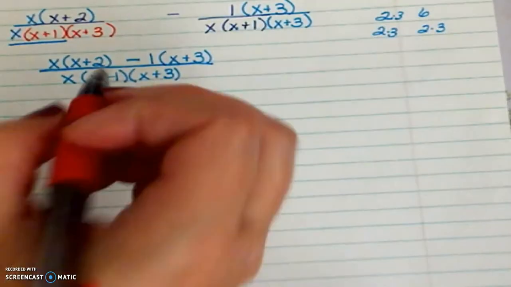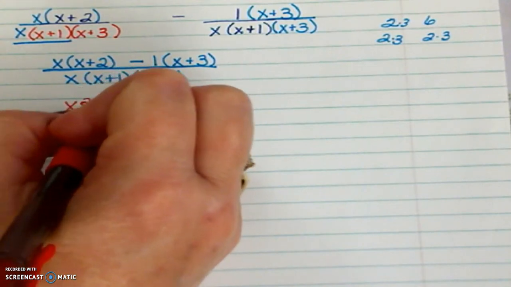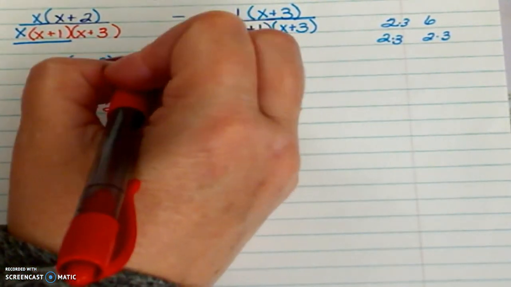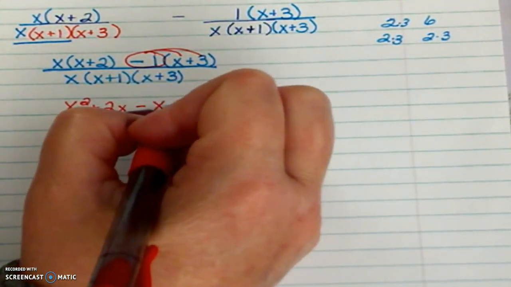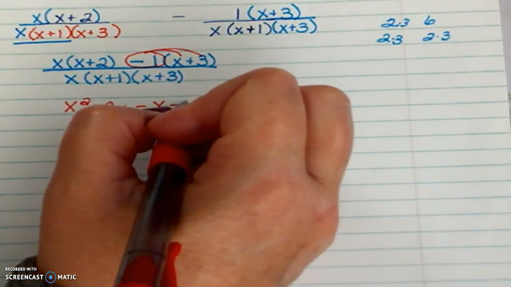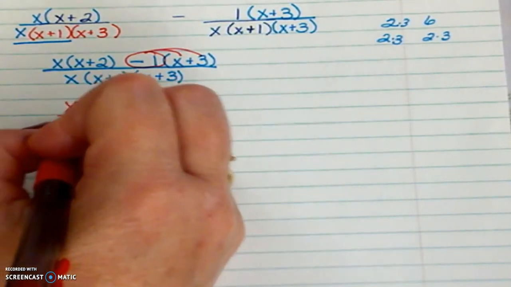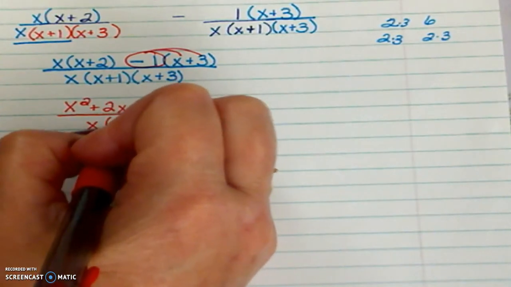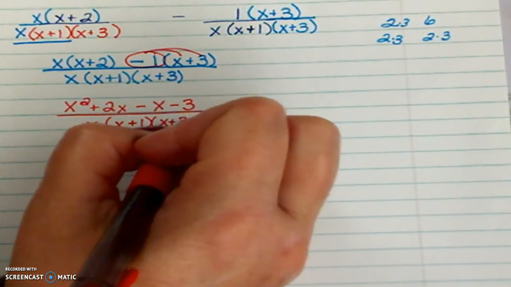So if I use the distributive property, we're going to get x squared plus 2x. And like I mentioned, we want to make sure that we take that negative sign and distribute it through every single term in that numerator. So we end up with negative x and negative 3, all over that common denominator of x times the quantity x plus 1 times the quantity x plus 3.